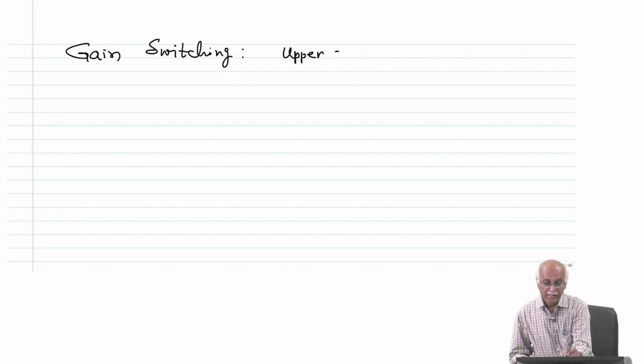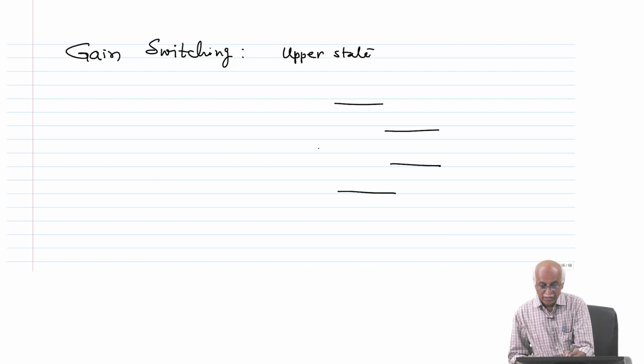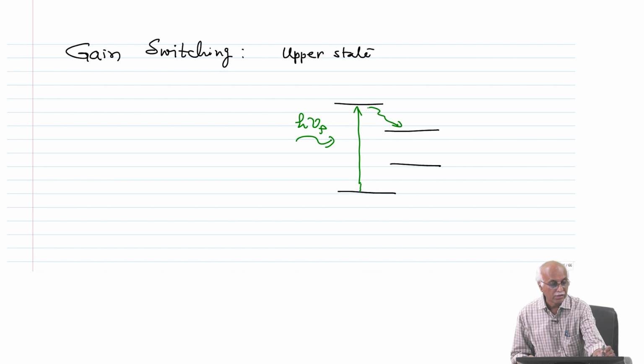When I say upper state, I mean laser levels. If there are 4 energy levels, this is the pumping band, the pump band, and there will be a fast decay over here, and the laser operation is between these two levels.